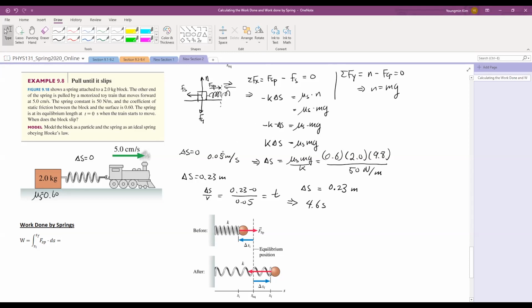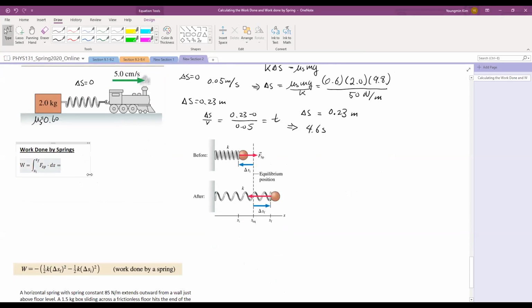So let's now calculate the work done by the spring. Take a look here. Work, the generic definition, is the integral of the force involved with respect to position, and the position changes from initial to final.